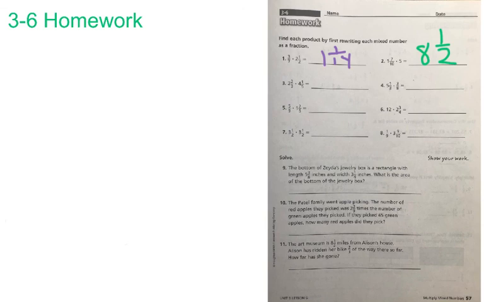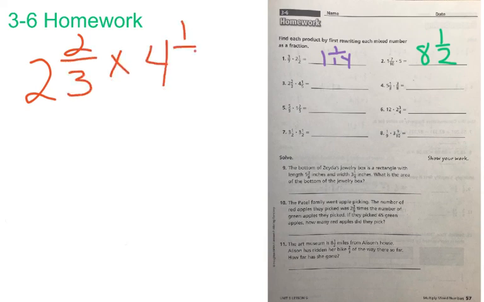Keep practicing together, and in our class lesson today we will be practicing converting mixed numbers to fractions as well. Let's go ahead and move to number 3. Number 3, we have 2 2/3 times 4 1/5, and so we have to convert both of these mixed numbers to fractions in order to multiply.